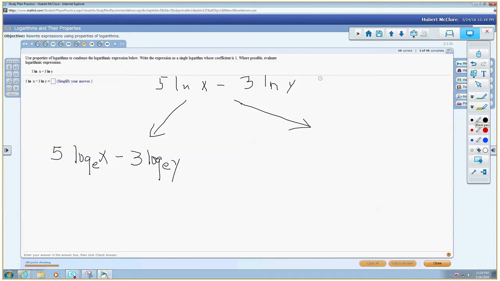It's a conspiracy. Or you could go natural log of x to the 5th minus natural log of y to the 3rd. You can start off with that. Over here, we do log base E of x to the 5th minus log base E of y to the 3rd.